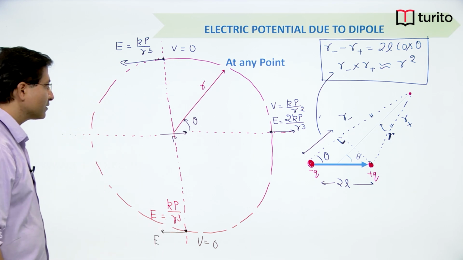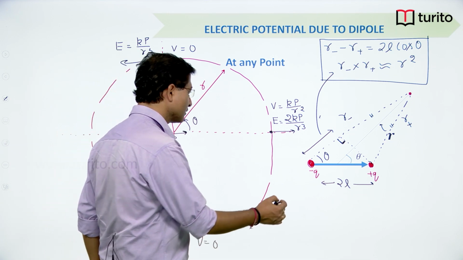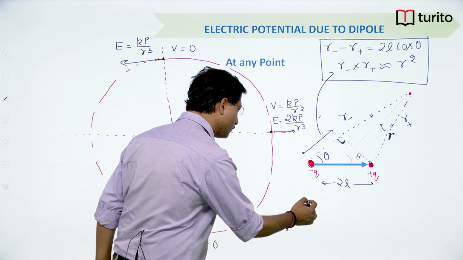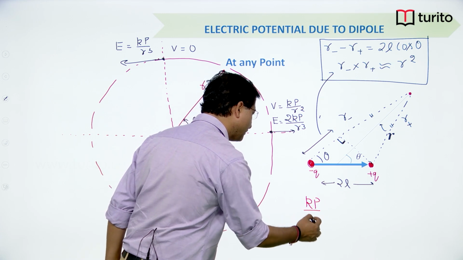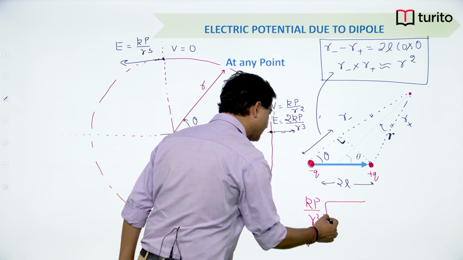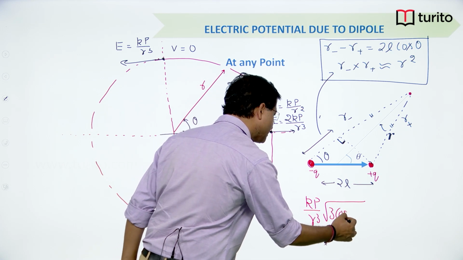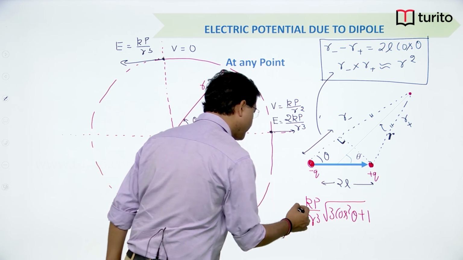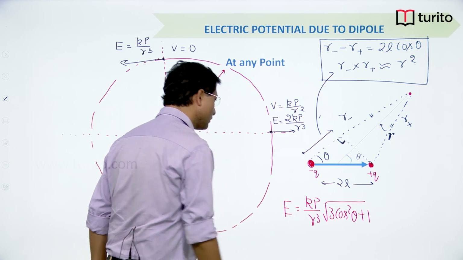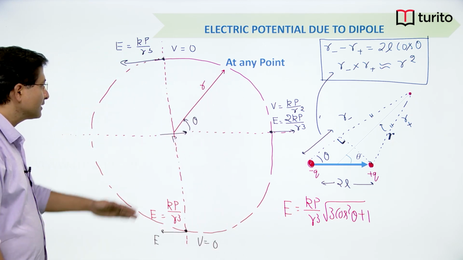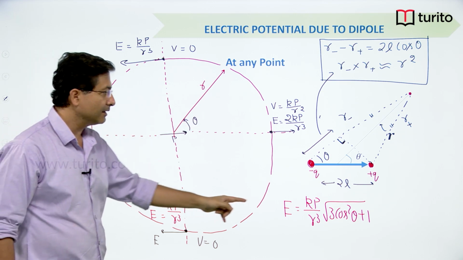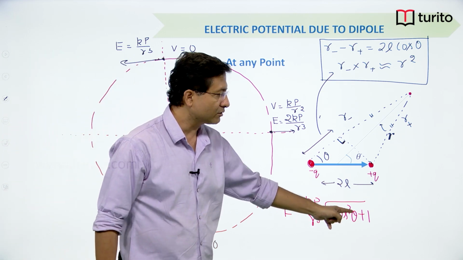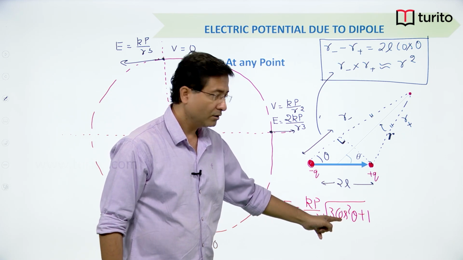If you remember the expression we got for field, that was kp divided by r cube in bracket 3 cos square theta plus 1, under root. So whether you substitute theta is equal to 90 degree or theta is equal to 270 degree, in both the cases this quantity will be 0, cos 90 is 0, right.